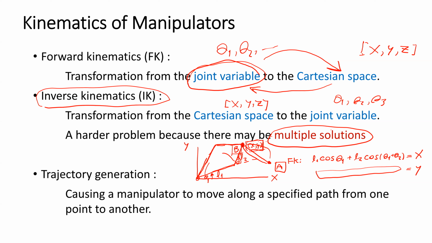In the world space or the Cartesian space, we want to see it move in a linear way because it seems like the shortest distance to move from A to B. But when the robot moves, it doesn't move by XYZ, it moves by theta 1, theta 2, theta 3.